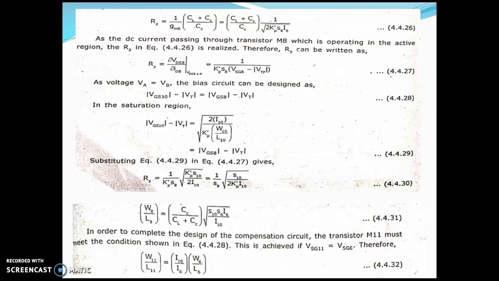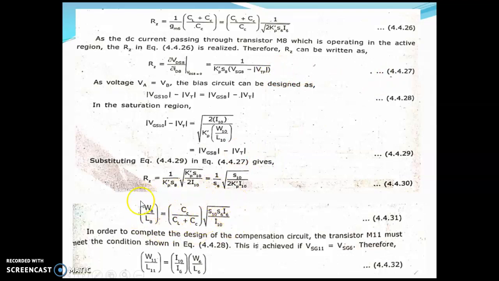Next you can see here, this is the zero value at the second pole. So now you can see when the DC current is passing through the transistor, what is the zero value? You can note down this zero value. Here this is the condition where the transistor is in the saturation region. So when we substitute this in place of here, you will get the equation.